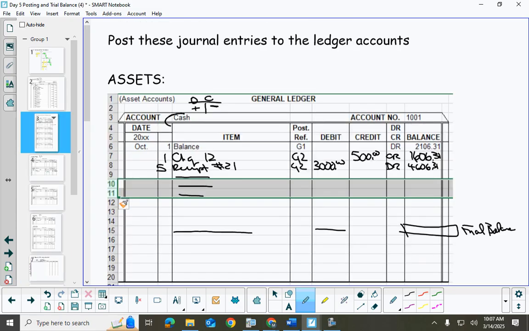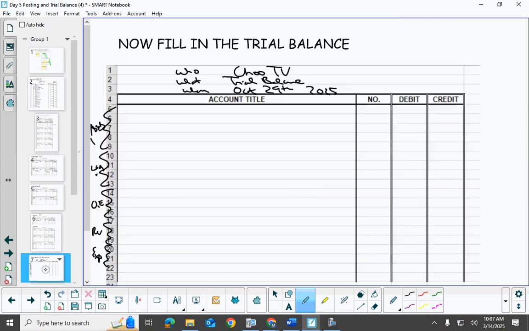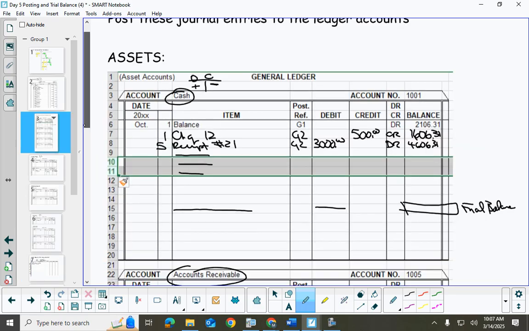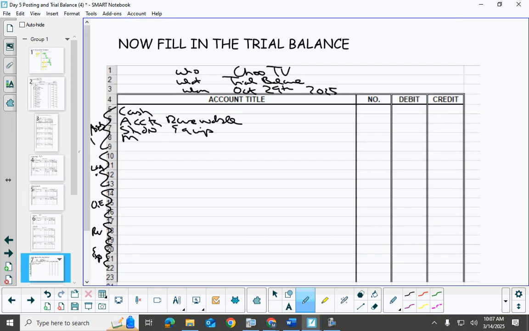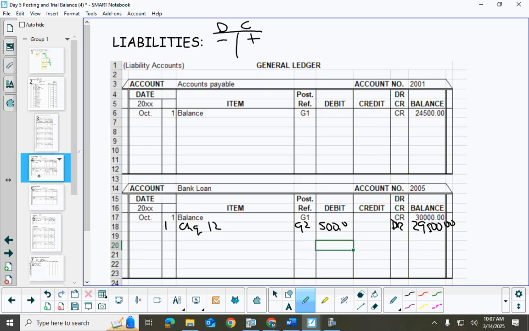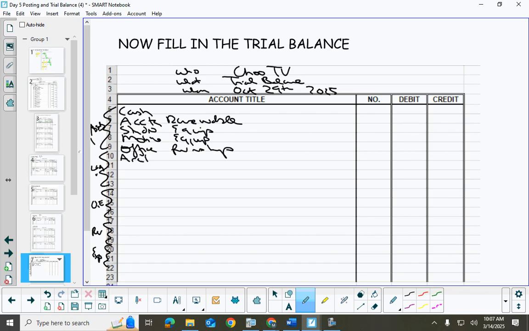So my asset accounts were cash, accounts receivable, studio equipment, mobile equipment, office furnishings. Now you're going to write the full word in. I'm just doing shorthand. And then you're going to switch over to liabilities. So you got accounts payable and bank loan. That's it.